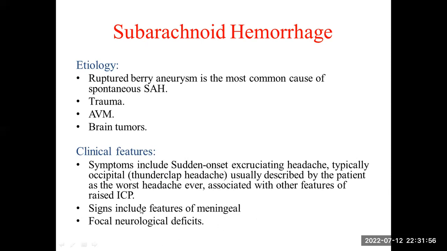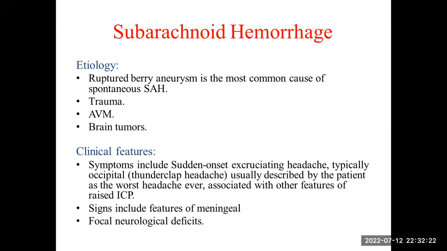But another situation in which subarachnoid hemorrhage can lead to focal neurologic deficit is when this condition leads to cerebral vasospasm. The blood which is present in the subarachnoid space can irritate the blood vessels, and this can lead to vasospasm of the cerebral blood vessels. And this cerebral vasospasm will lead to ischemia to the brain.